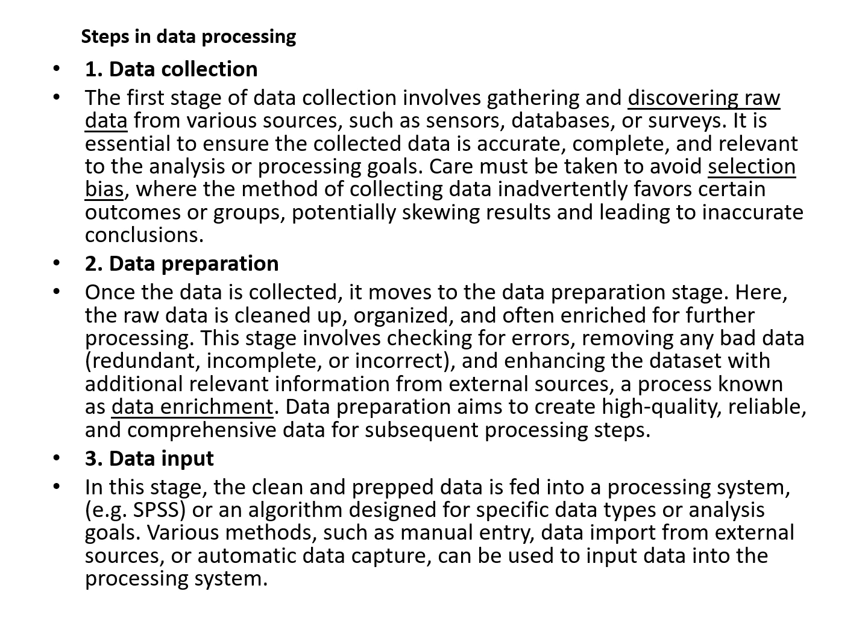So first of all, data collection, the first stage, involves gathering and discovering raw data from various sources such as sensors, databases, and surveys. It is essential to ensure the collected data is accurate, complete, and relevant to the analysis or processing goals. Also, avoid selection bias, where the method of collecting data inadvertently favors certain outcomes or groups, skewing results and leading to inaccurate conclusions.